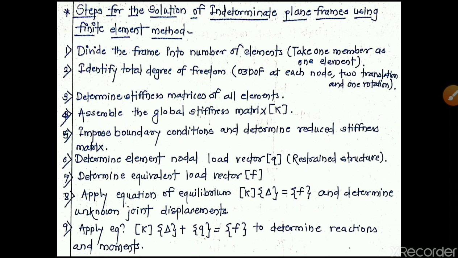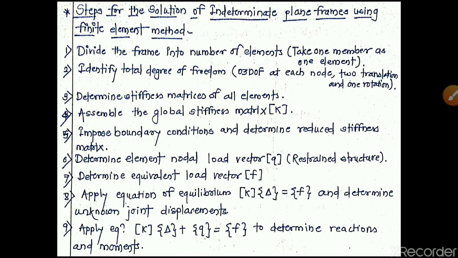Before that, the steps for the solution of indeterminate plane frame using finite element method. So steps are quite similar to the previous video problems for beam element. So here for frame, first divide the frame into number of elements, then find total degree of freedom, write down stiffness matrices for all the elements and then assemble global stiffness matrix.